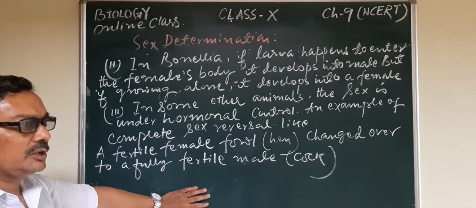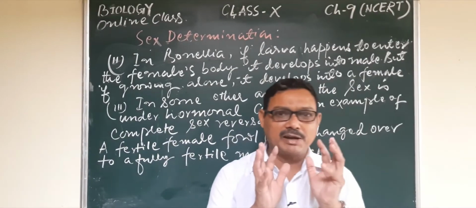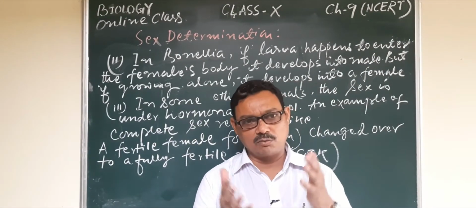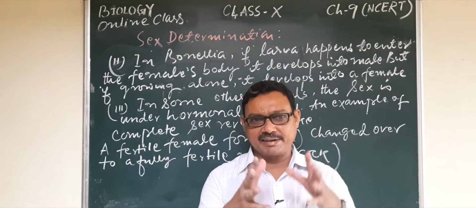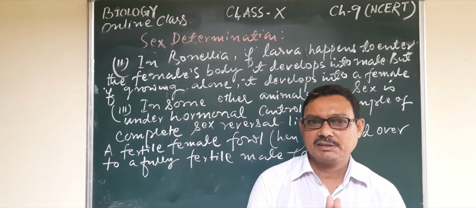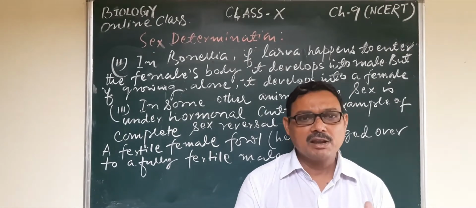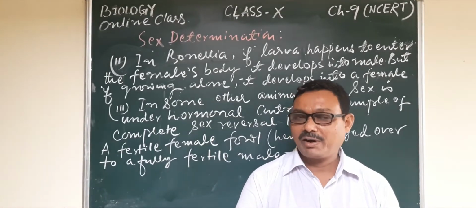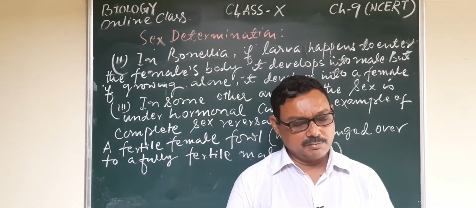But in the case of humans, sex determination is determined by genes. That means whatever genes are inherited from the parents will decide whether a child will be born female or male. Let us see what happens in the case of sex determination in humans.